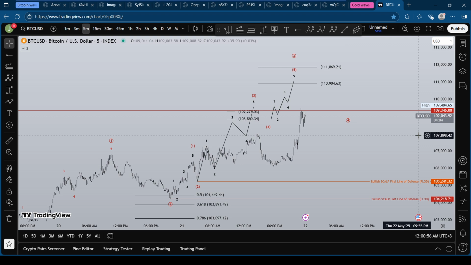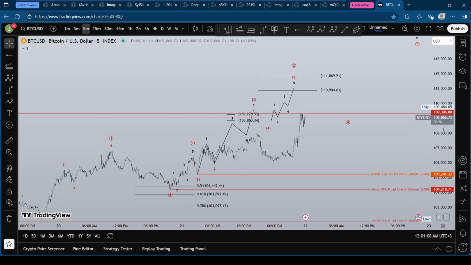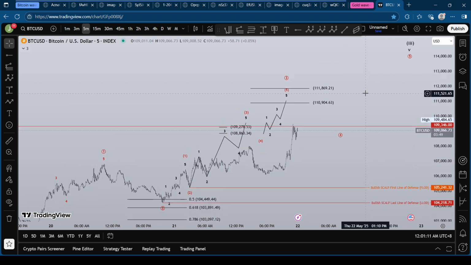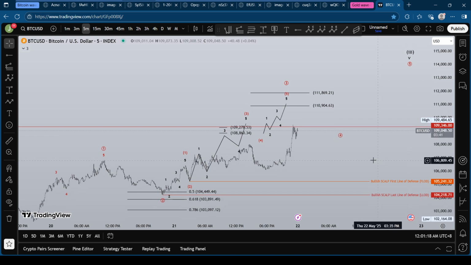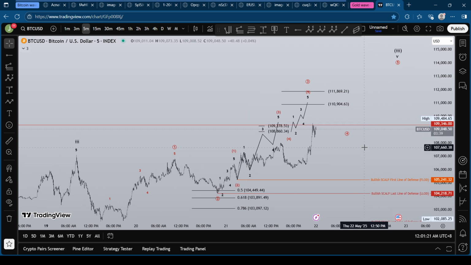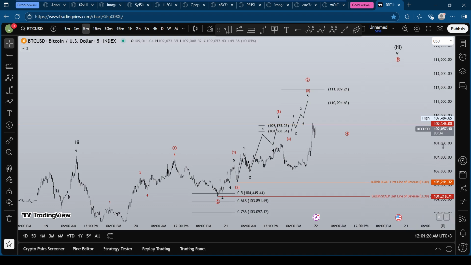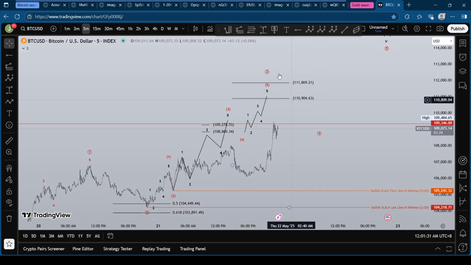I follow the rules of Elliott wave theory strictly and religiously, and by doing so, the probability of your analysis becomes highly probable.